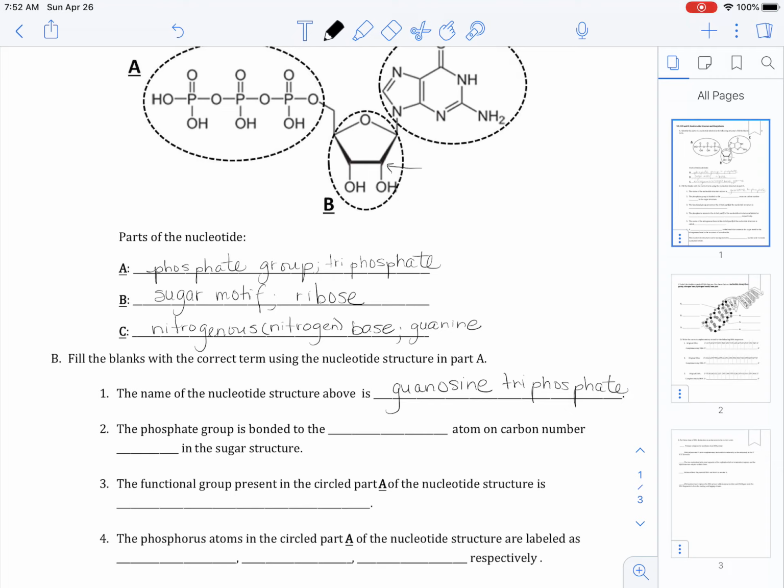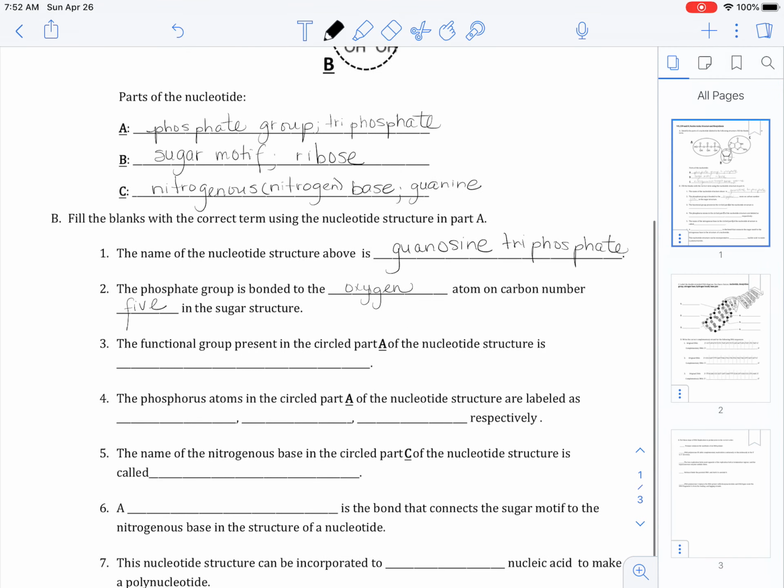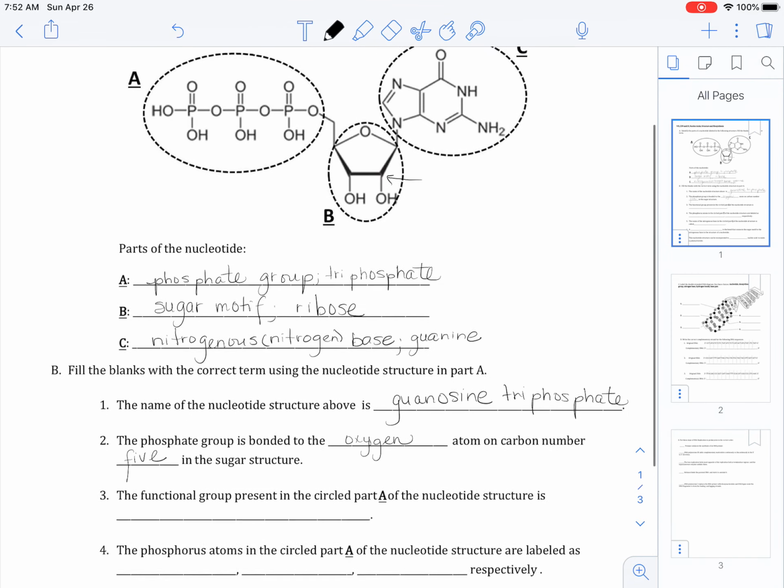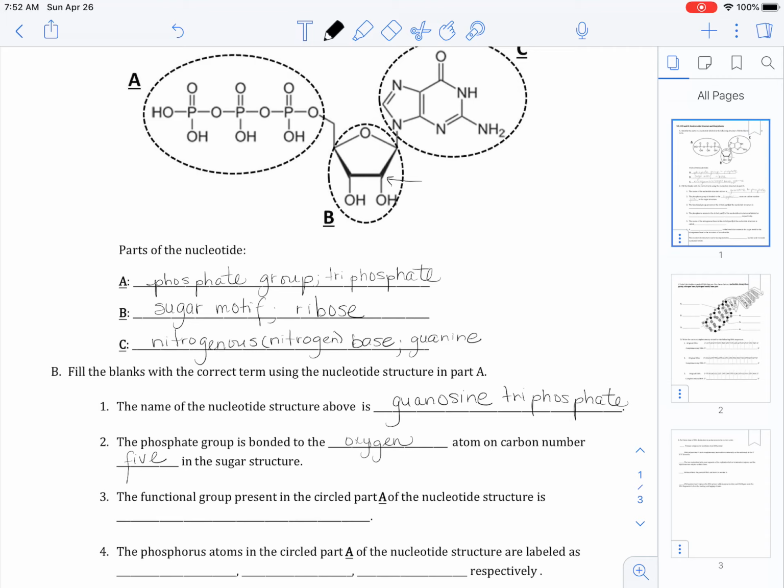Then the phosphate group is bonded to the oxygen atom on carbon number 5 in the sugar structure or the sugar motif. The functional group that we can see in part A, if I highlight the atoms, is going to be a phosphoric anhydride.